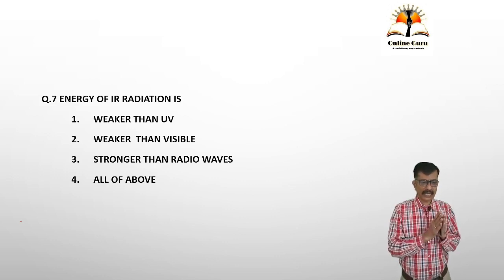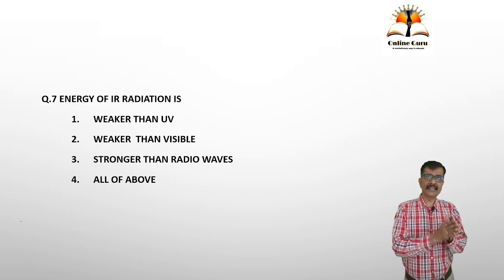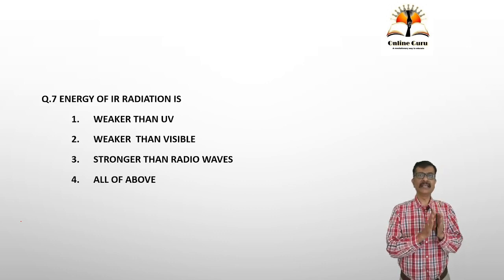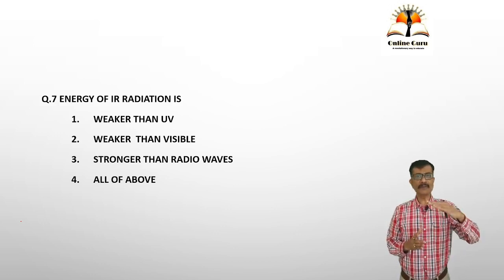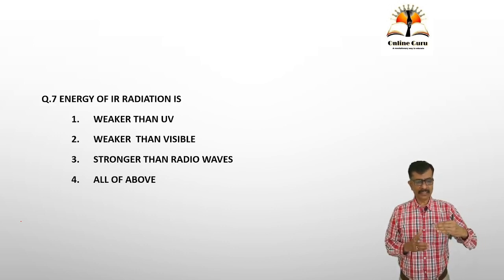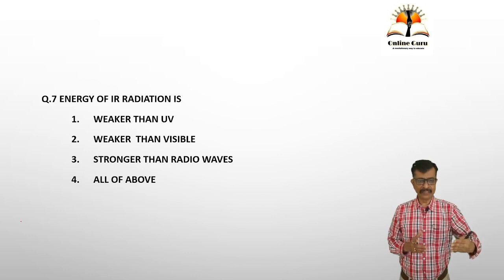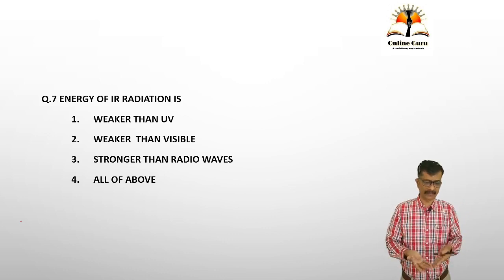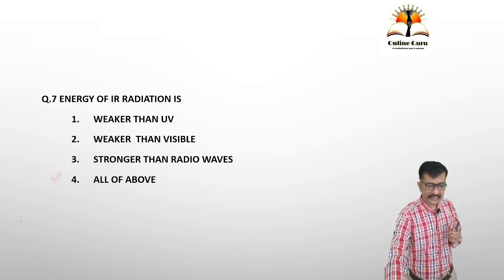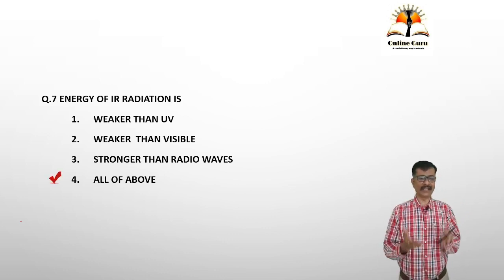And the relation of energy and wavelength is E = hc/λ, so energy is inversely proportional to the wavelength. So the wavelength of IR is longer than UV and visible, so its energy is weaker, and it is shorter than radio waves, so its energy is stronger. So all three are correct, so all of the above, right?